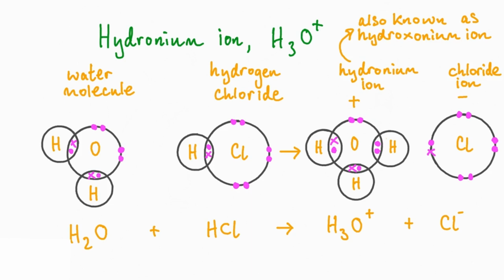The hydronium ion H3O+ may also be referred to as the hydroxonium ion in some texts. The hydronium ion contains a coordinate covalent bond. Notice that the molecule has a net positive charge as a result of the oxygen donor atom, which originated in the water molecule, donating one of its lone pairs to the hydrogen ion, which originated in the hydrogen chloride molecule.